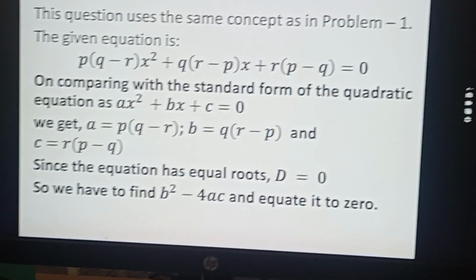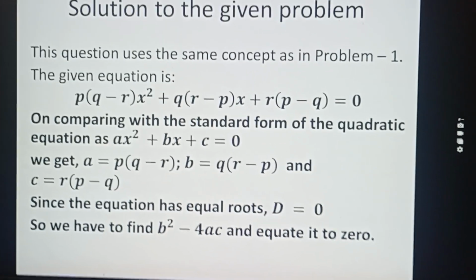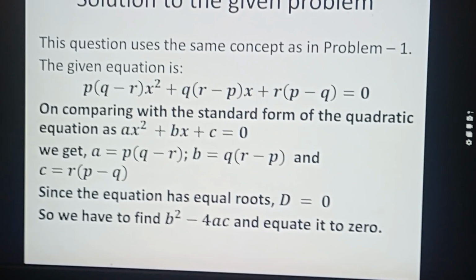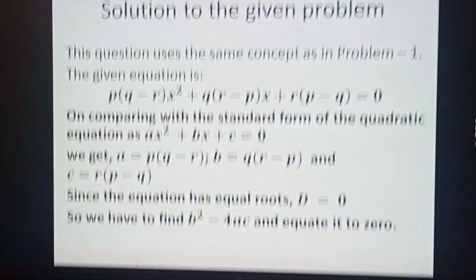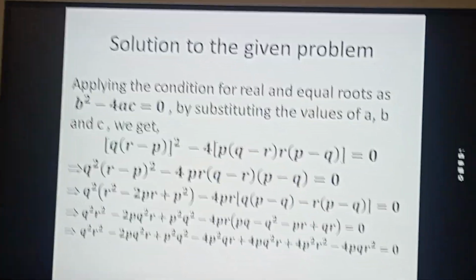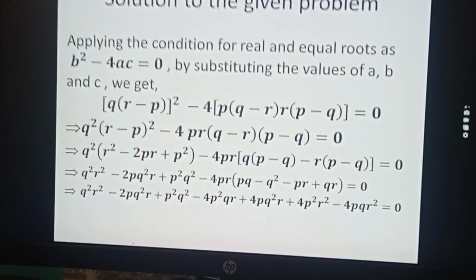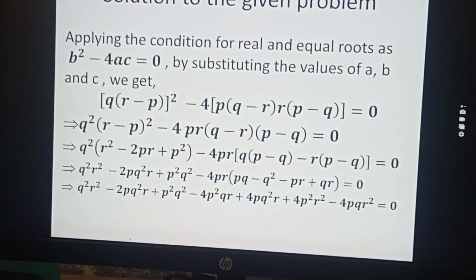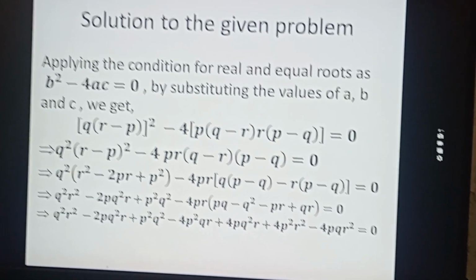Since the equation has equal roots, we have D, the discriminant, equal to 0. So again we have to find b squared minus 4ac and equate it to 0. That is what we will have to do. Now let us apply the condition. Substituting the values of a, b and c in the given condition, b squared minus 4ac is equal to 0.